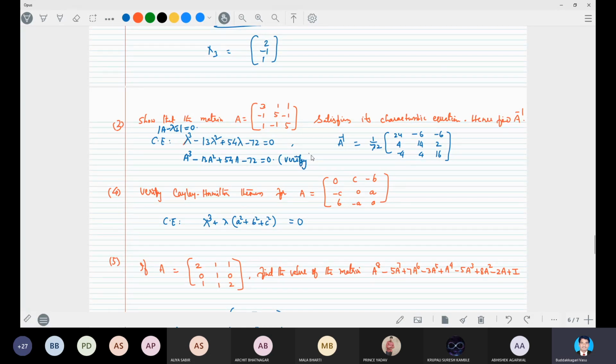Verify. If it is equal to 0, you can say that the Cayley-Hamilton theorem is verified and the solution gets over. How can you find the A inverse? Next step. First do this one.